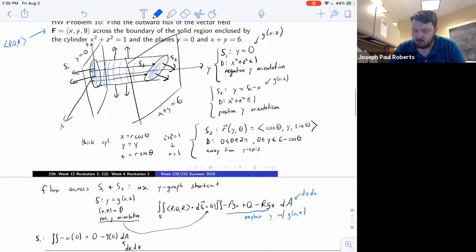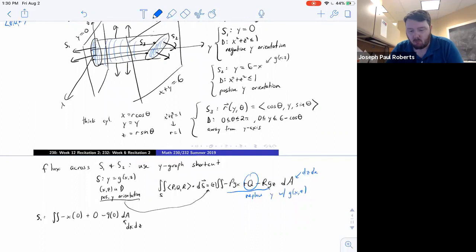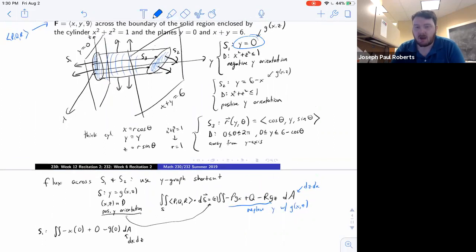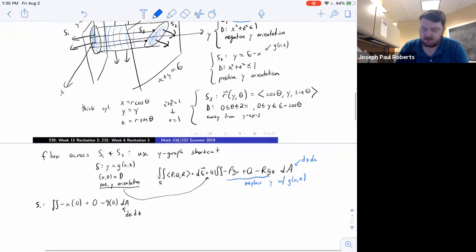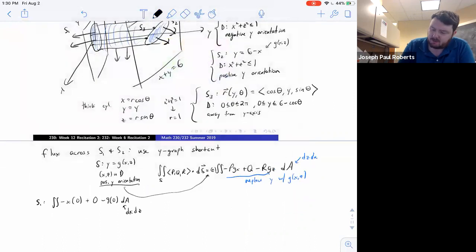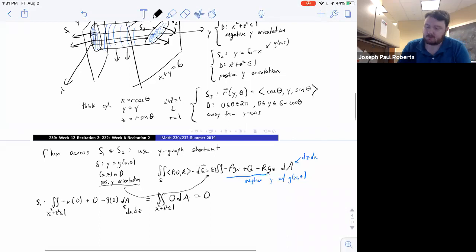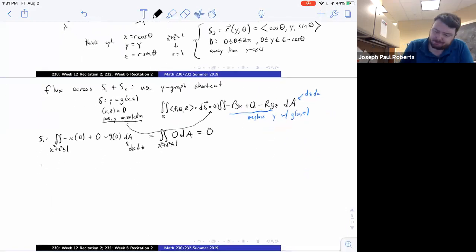Q is y, and y is 0 on S1. So you end up getting the double integral of 0. So you get 0 on S1.